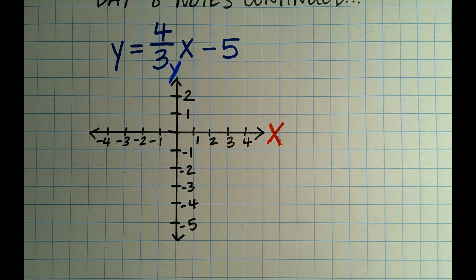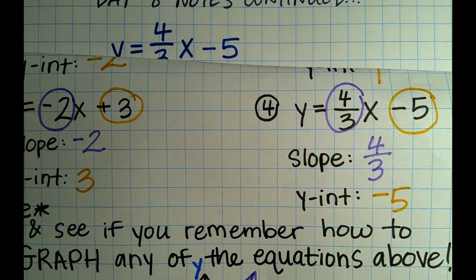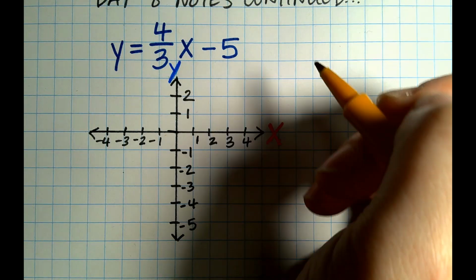So, we could look back at our do now. We already have our slope and y-intercept that we found, 4/3 and -5. So I'm going to write those out to the side here.